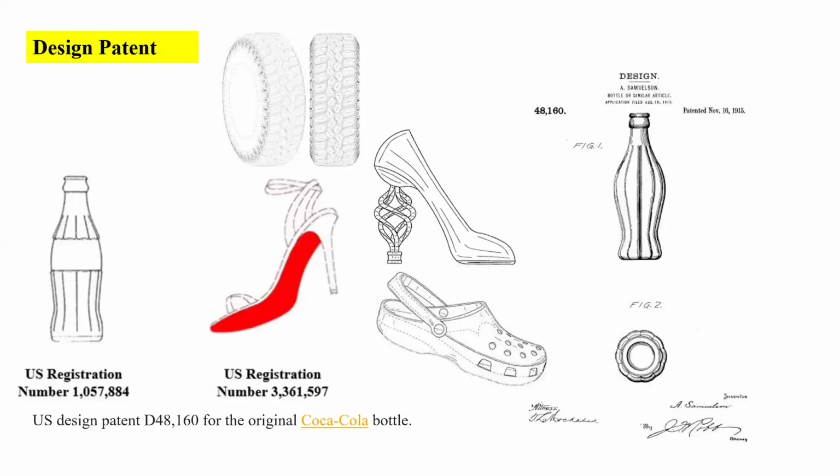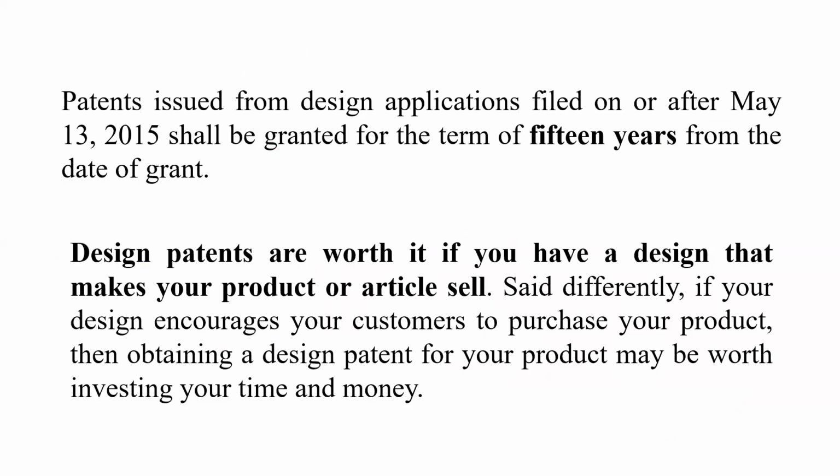Now we are moving to design patent. So you can see the tires, designs, US, Crocs, a lot of details were there. As somebody asked, it is only 15 years from the date of grant.